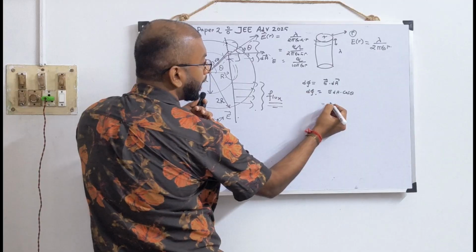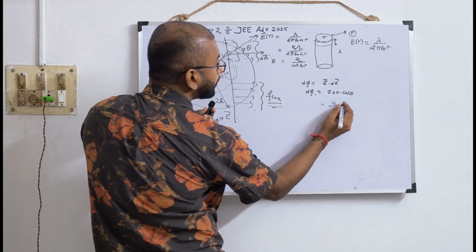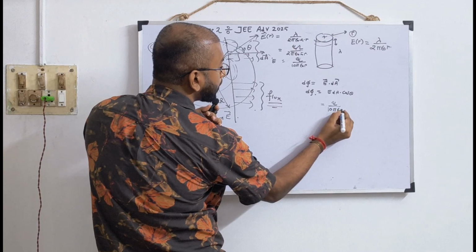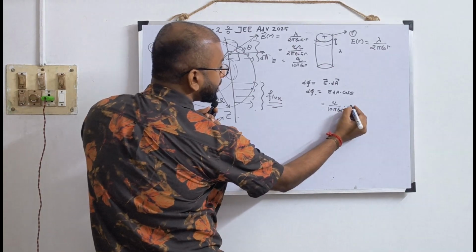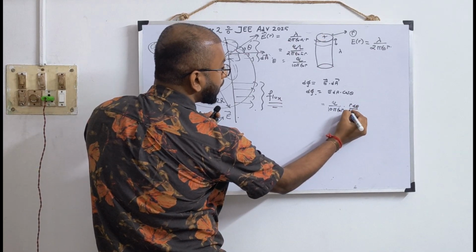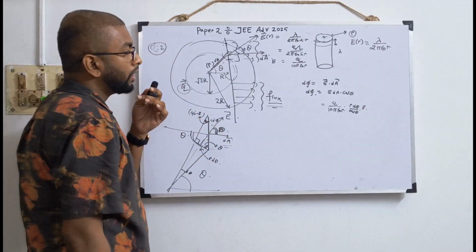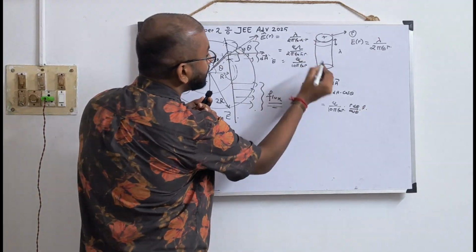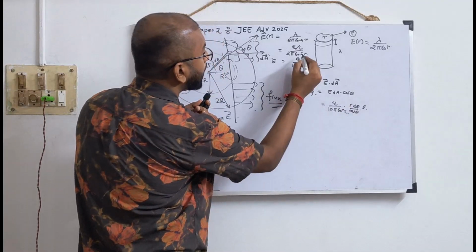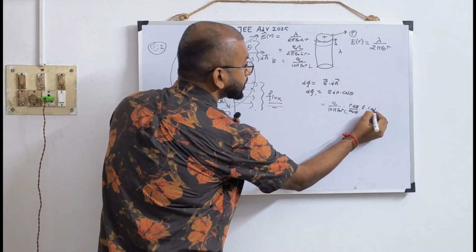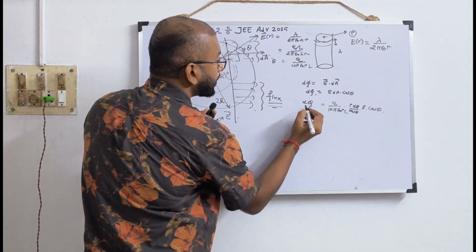So for dA, I'll put the value of E, Q by 10 pi epsilon naught r. dA is r d theta by cos theta, and I have to multiply with L. I missed L here, so I'll put L. So this is d phi.